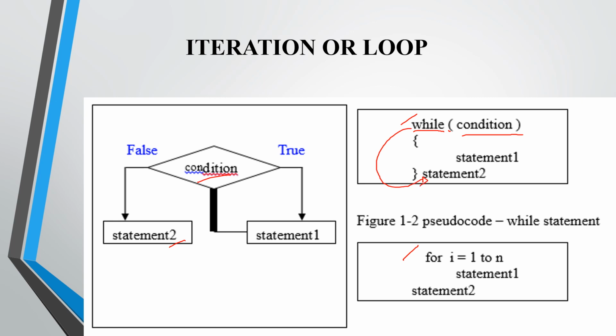Now, if we're going to make use of a for loop, you use for, and then we have the assignment statement, and then it's like a decision, or the final state. So, we have for I equals 1 to n.